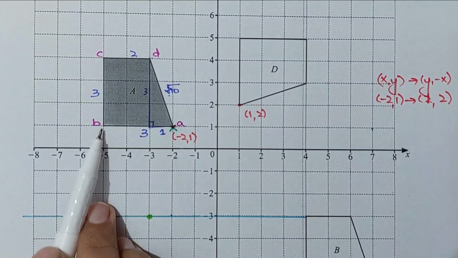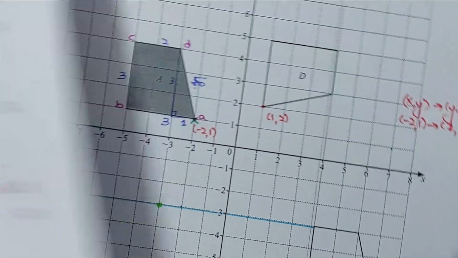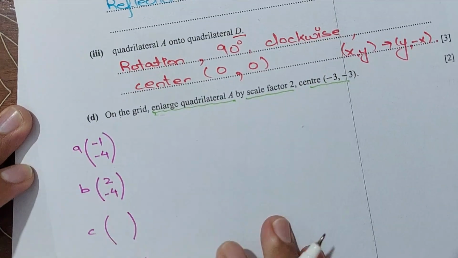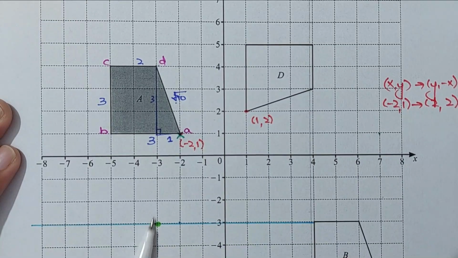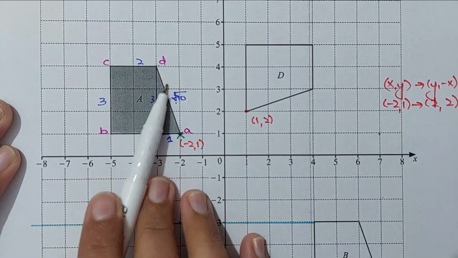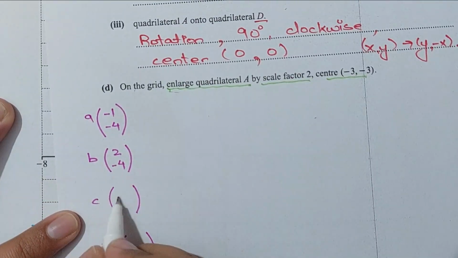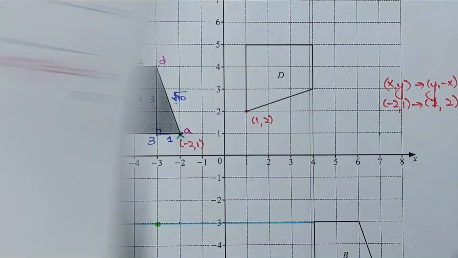For B we move 2 units right and 1, 2, 3, 4 down. 2 right and 4 down, so -4. For C, we can say 2 units right and 1, 2, 3, 4, 5, 6, 7 units down. 2 right and 7 down, so -7.